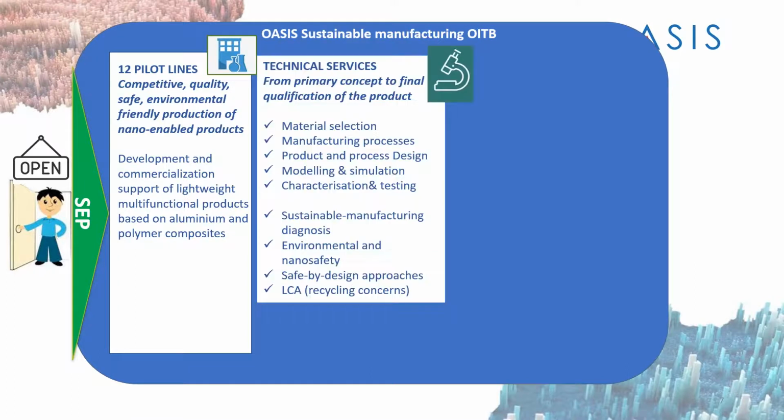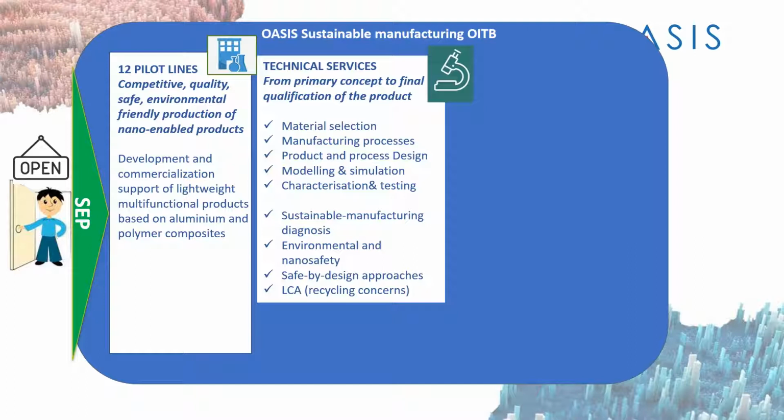Secondly, the client will find technical services going from primary concept to final qualification of the product, including material selection, manufacturing processes, product and process design, modeling, characterization, and also specific services related to nanotechnology, such as sustainable manufacturing diagnosis, environmental and nanosafety, safe design and process approaches, and also life cycle analysis.